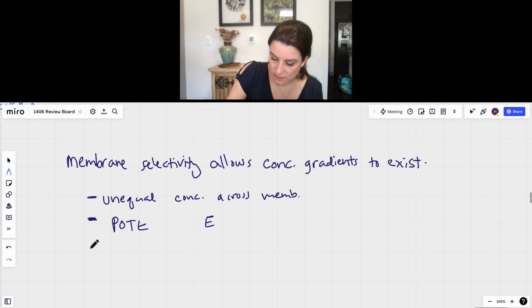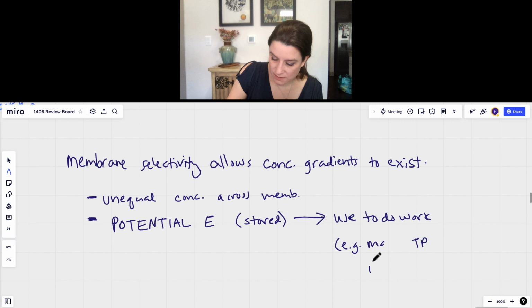And that stored energy can be used to do work. For example, make ATP. For example, fire a neuron.